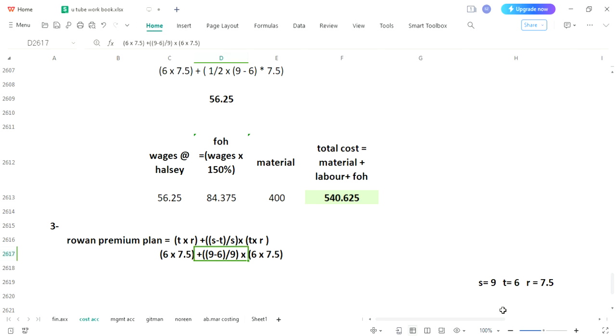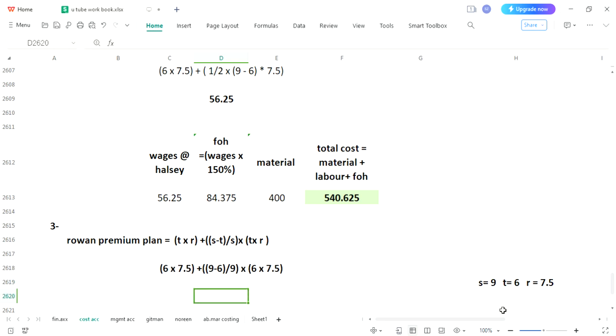It's now easy to put it on your calculator, for which what you will do, let's start again. Bracket open, 6 would be multiplied by 7.5, and try to learn it. Why? Because on calculator, either you will have to solve each part separately.